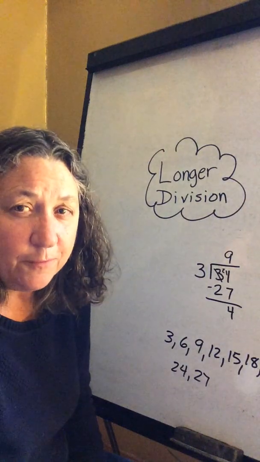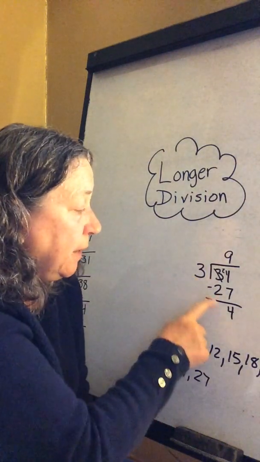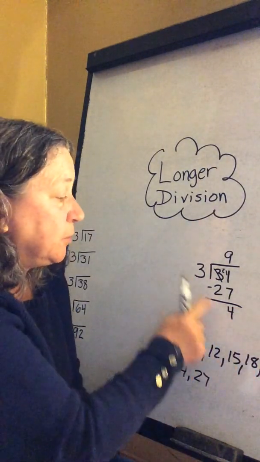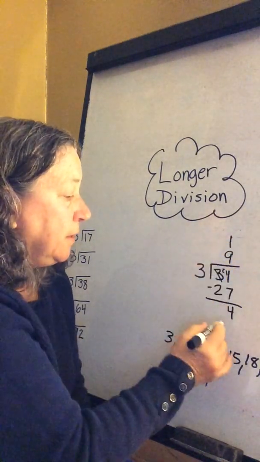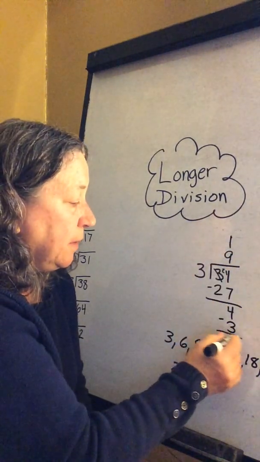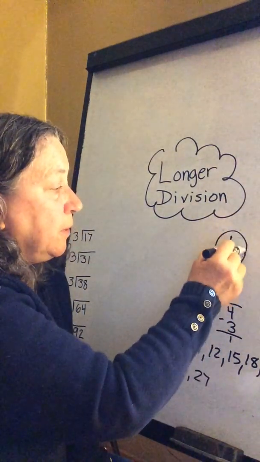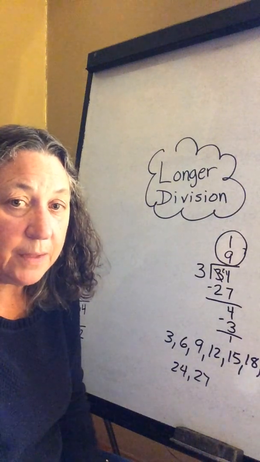If you have 4 eggs left, that means that you could still put 1 in each basket. So how many times could you do that? Once. 3 times 1 is 3. Do you see how we would do a second step? And then we would find out that altogether you could put 10 eggs in each basket.